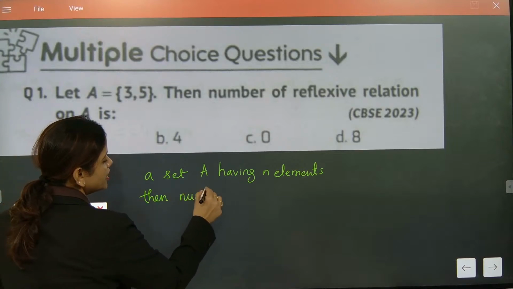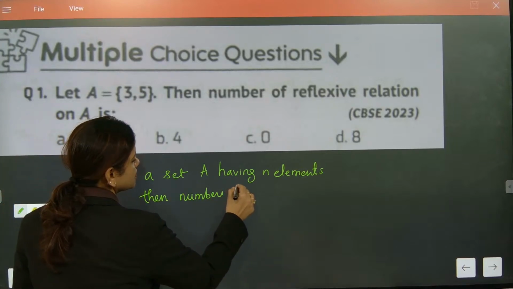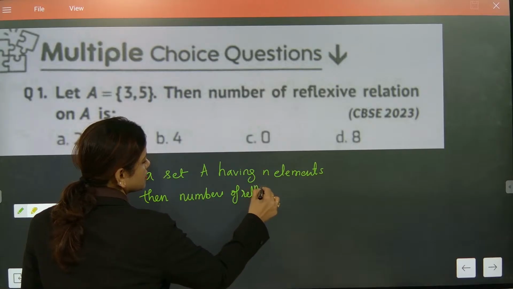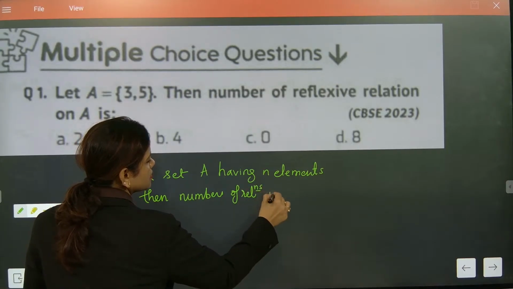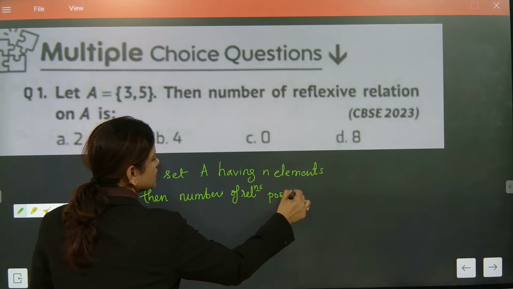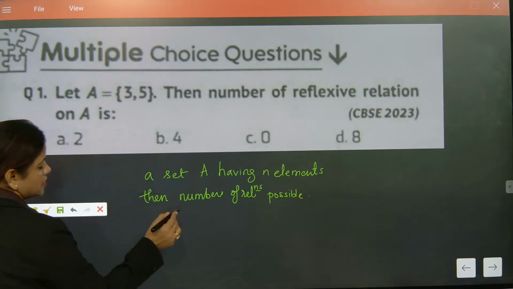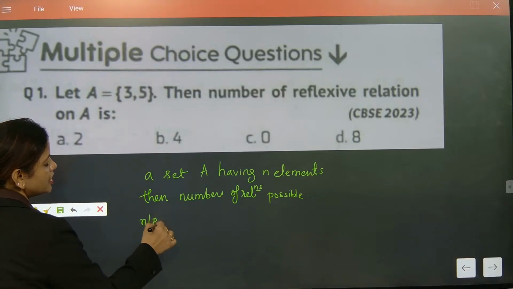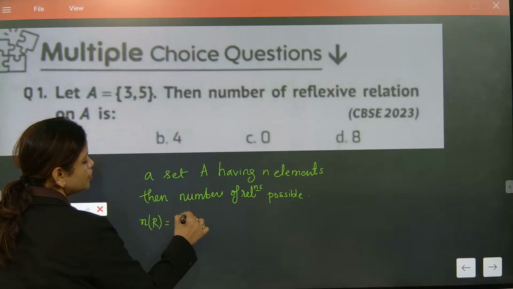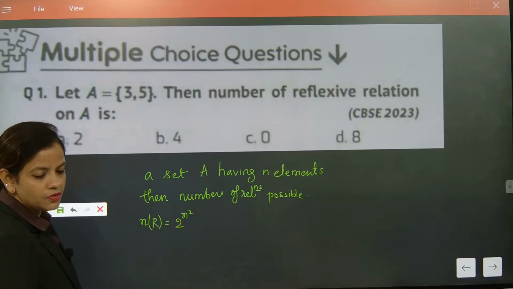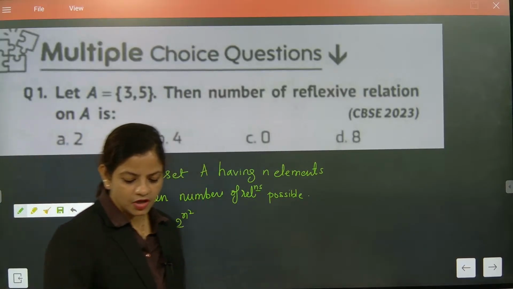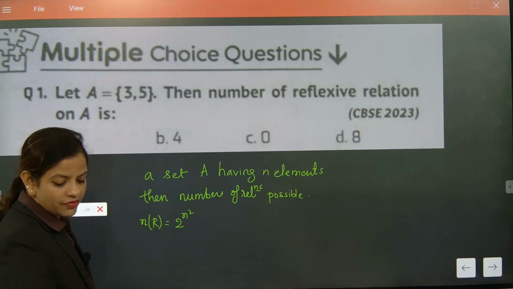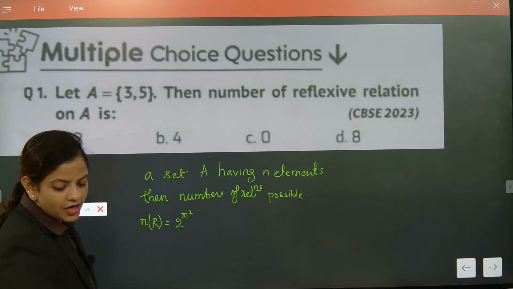Number of relations possible. How many relations are possible? The number of relations possible is 2 to the power n square. Write down: the number of relations possible is 2 to the power n square.